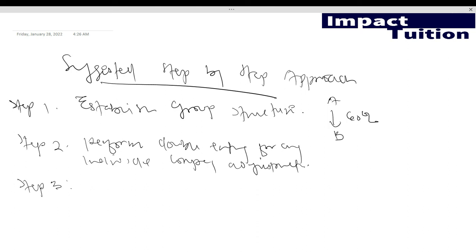Set out a pro forma statement of financial position, or a skeleton statement of financial position, and fill in the missing figures.